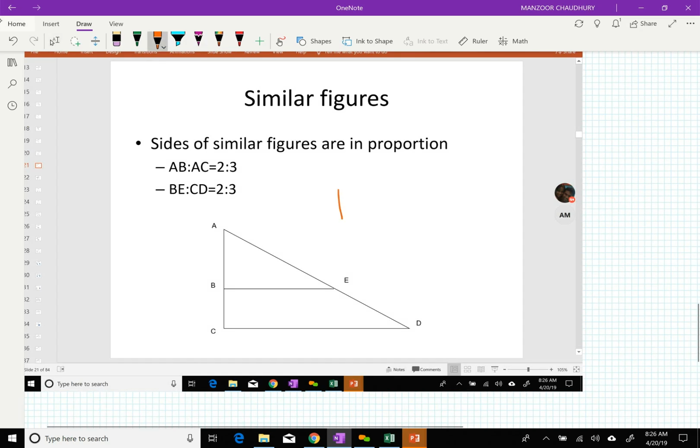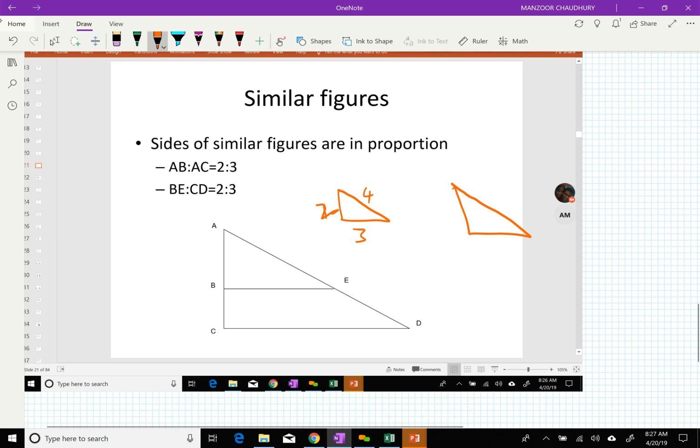See the little triangle and the big triangle. Let's say the little triangle sides are 2, 3, and 4. Now the big triangle is triple that.